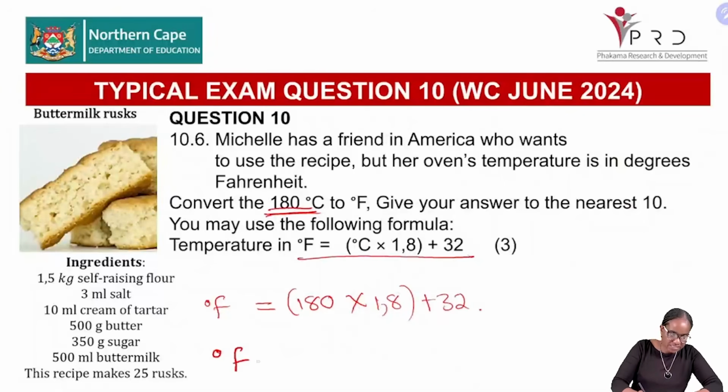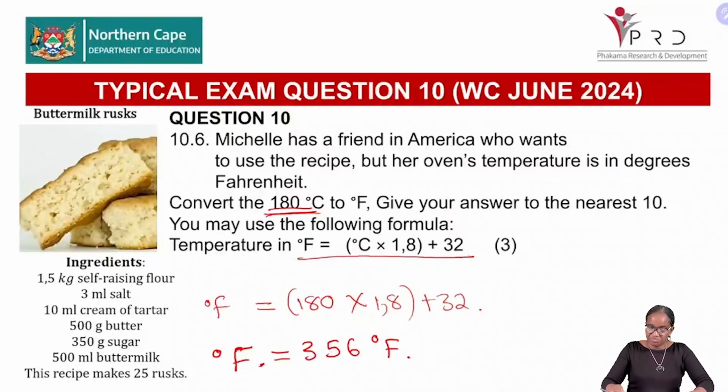What do you get on your calculator, class? This should give you 356 degrees Fahrenheit. So this is the temperature that Michelle's friend has to set her oven.